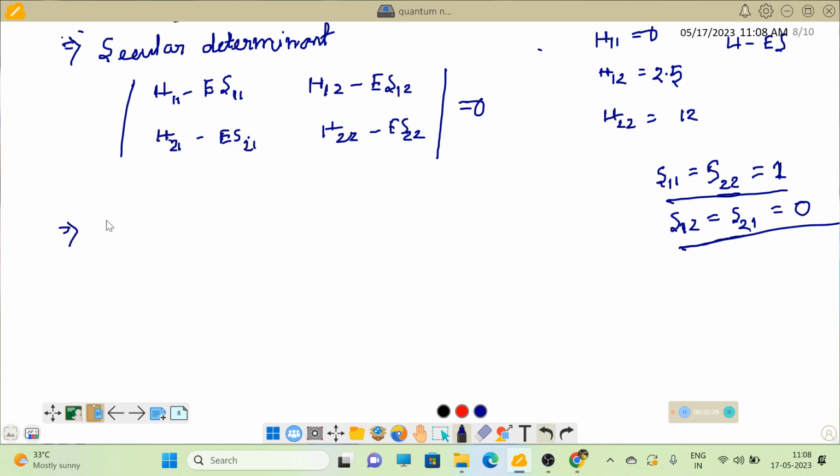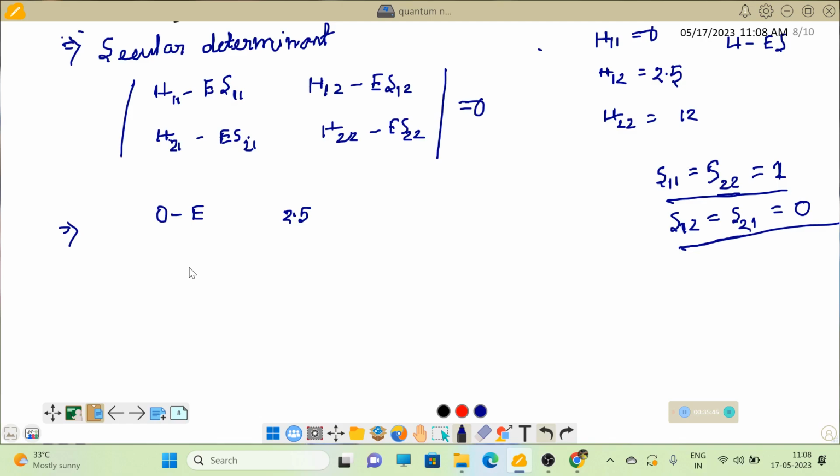So now we are going to put them here. H11 equal to 0 minus E. Here 2.5, H12 equal to 2.5 and S12 equal to 0.